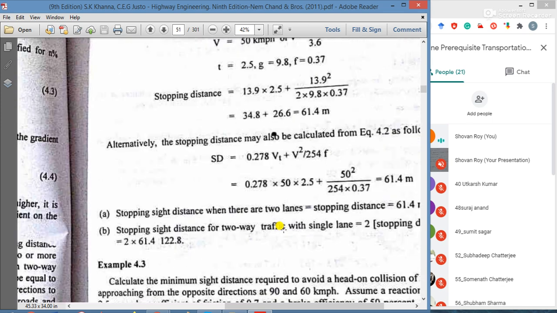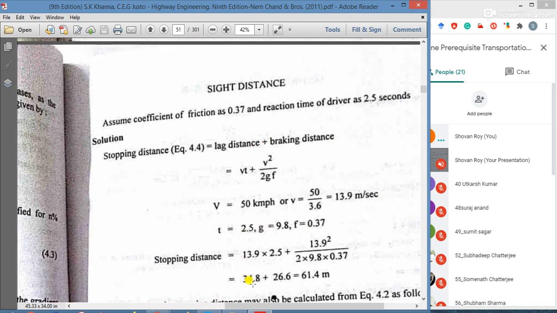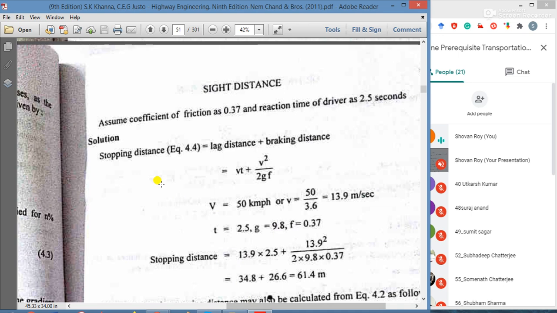In the solution part, it is written to assume the coefficient of friction as 0.37 and reaction time of driver as 2.5 seconds. This is also mentioned in the question.